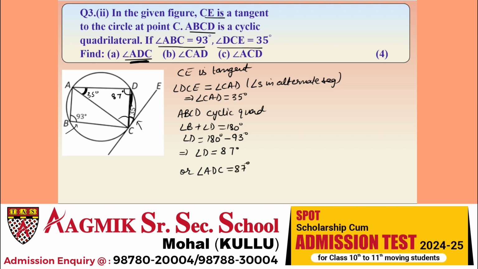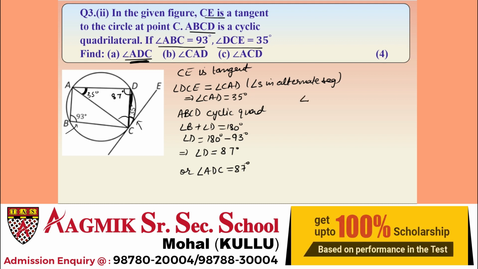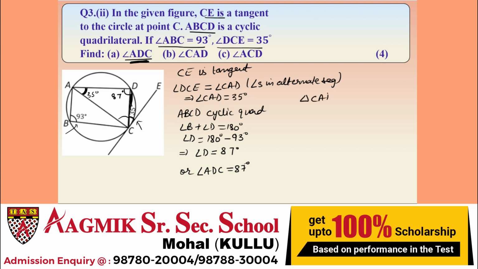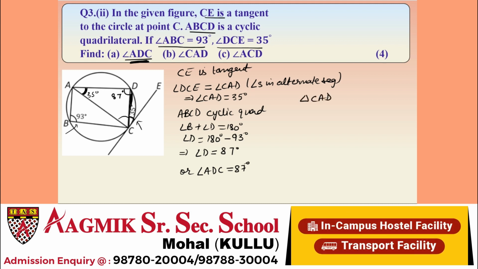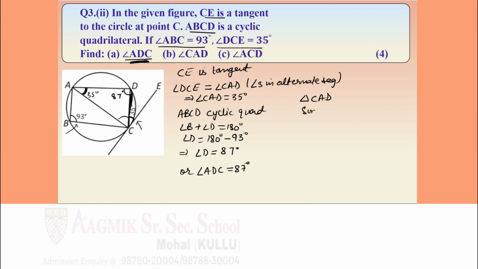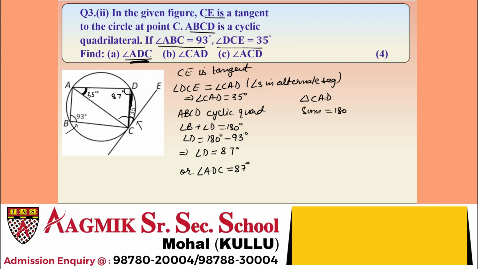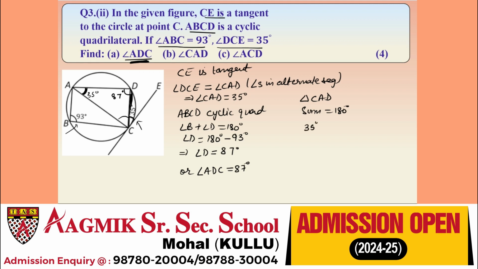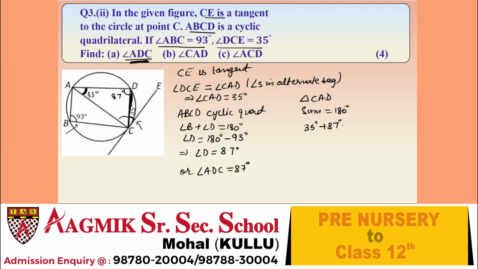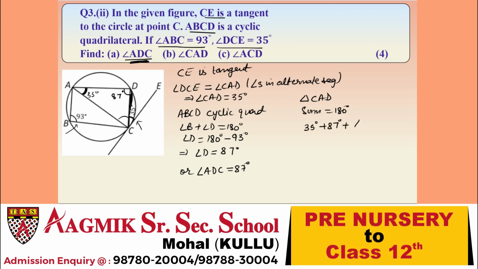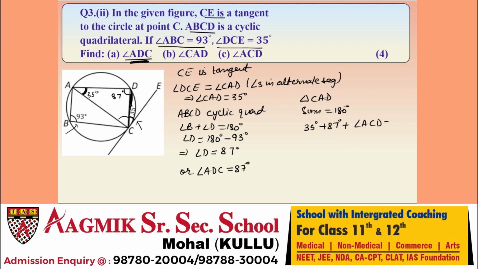Now the third angle in the triangle can be obtained by taking the sum. So take triangle CAD. The sum of all three angles would be 180 degrees. So we have 35 degrees plus 87 degrees plus this angle ACD. This sum would be equal to 180 degrees. So this is how much?